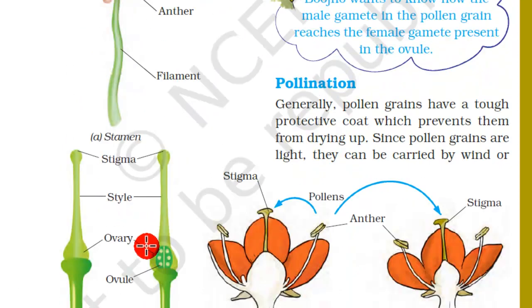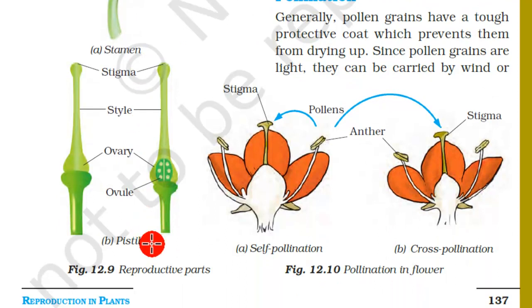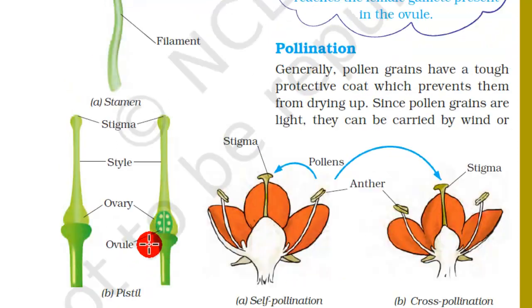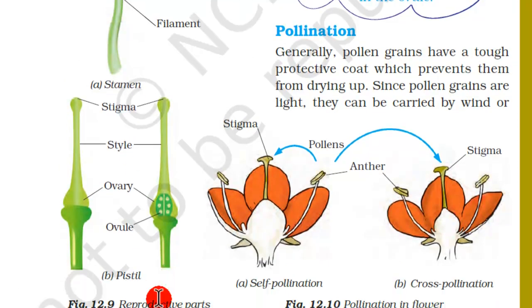This is the stamen and this is the pistil, where if only stamen or only pistil are present, then it is a unisexual flower, and if the flowers contain both the stamen and the pistil, then we will call that type of flowers bisexual flowers. For example, corn, papaya, and cucumber produce unisexual flowers, whereas mustard, rose, and petunia have bisexual flowers.